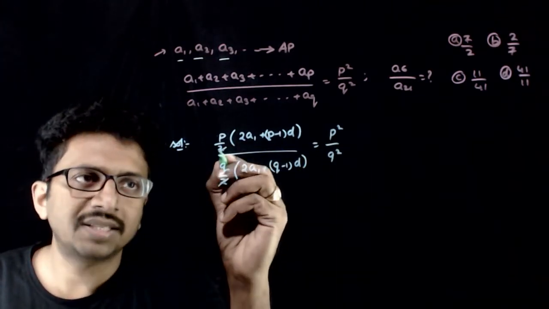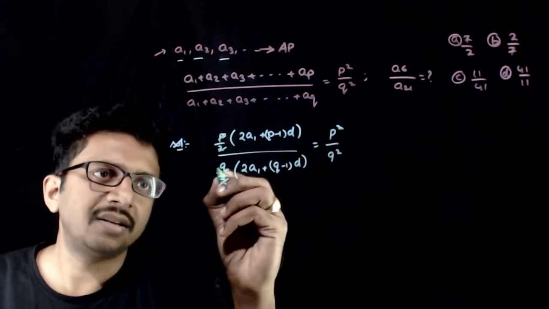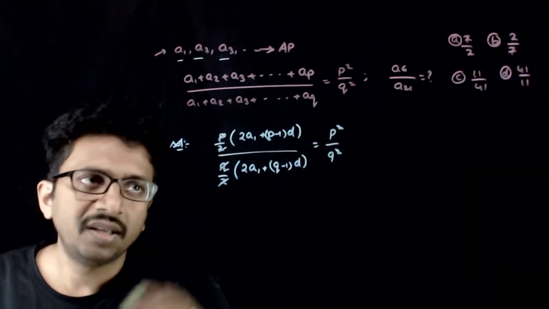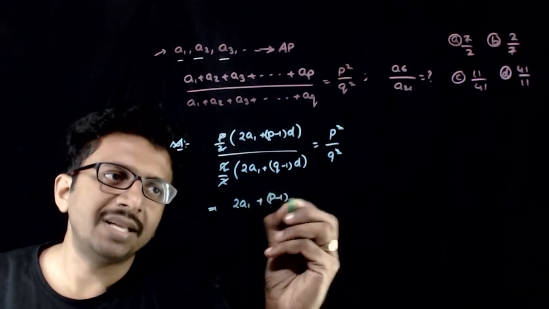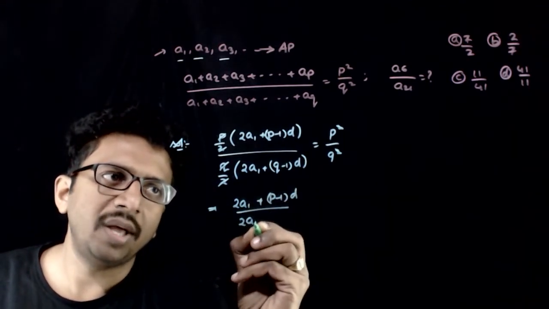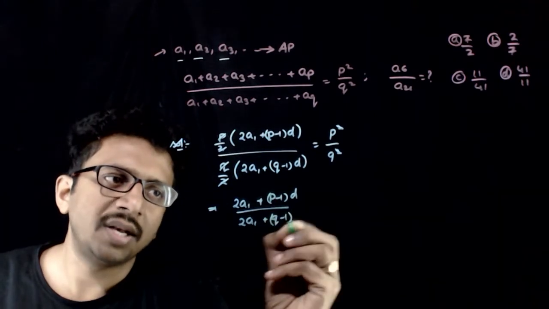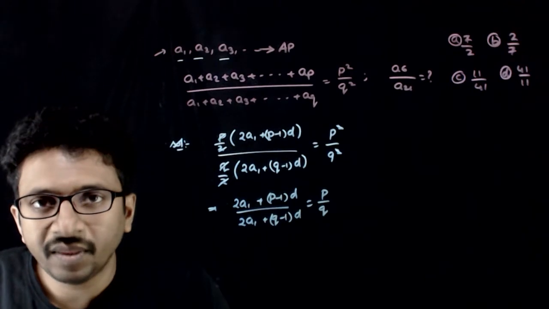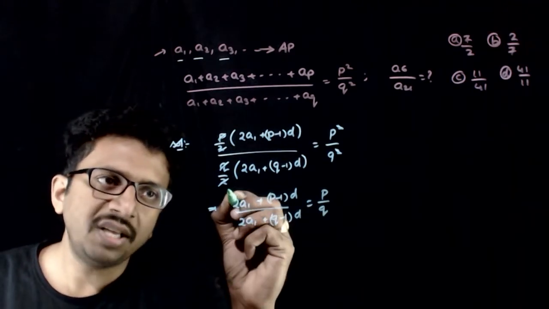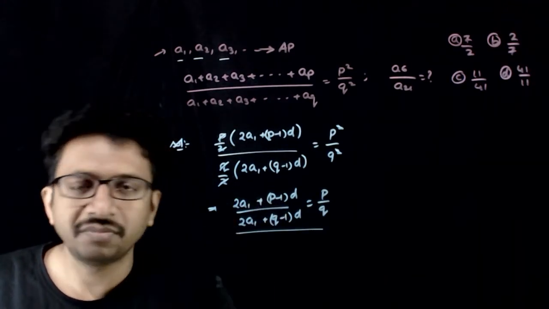So this 2 and 2 get cancelled, P gets cancelled here, Q gets cancelled here. That means 2A1 plus P minus 1 into D by 2A1 plus Q minus 1 into D is equal to P by Q. So this is something which we know from the given information.